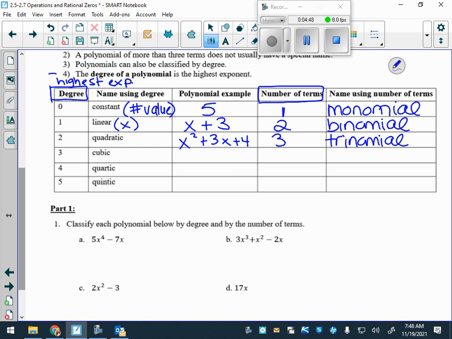Excellent. Now if we have a degree of 3, that's a cubic. So for example, x cubed plus 2x squared minus 3x plus 1. This is just one example.